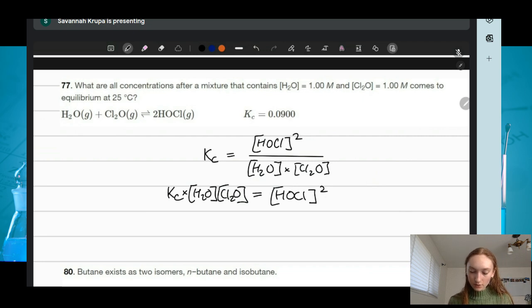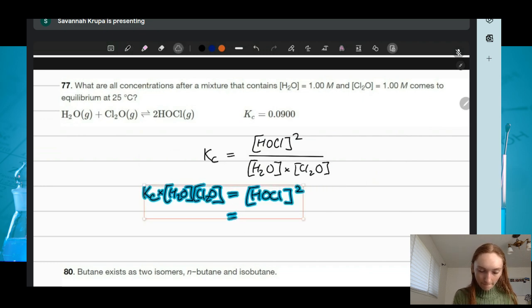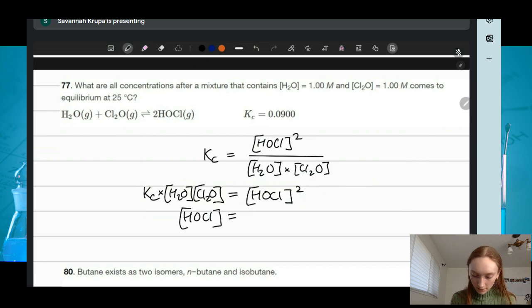Okay, and now let's switch sides like we did. It's a little better on the eyes. HOCl. And so I'm going to square root both sides as well. So it's 2 in 1 step.